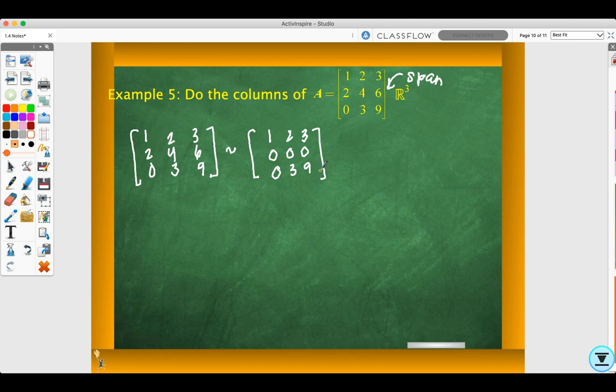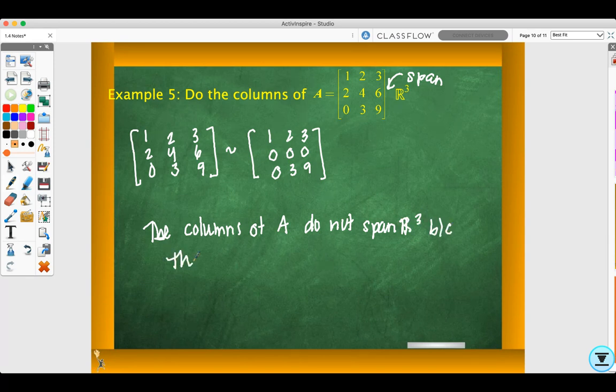The columns of A do not span R^3 because there exists a row in the form 0, 0, b. Because here, if I multiply this out, I'd have 0, 0, b. So right from there, the columns of A do not span R^3 because there exists a row in the form 0, 0, b.